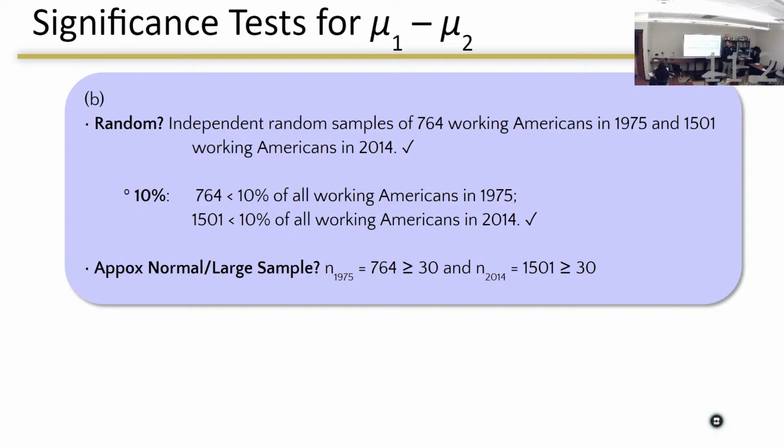No. Gotta get close. 764 greater than 30. 1501 greater than 30. Do I have to put all that? Yeah. I don't know how to shorten that up. Y'all good? Questions? Conditions. They are brutally important. The only time you don't have to check conditions is if it says the conditions have been met. If it says conditions have been met, you don't have to check it.